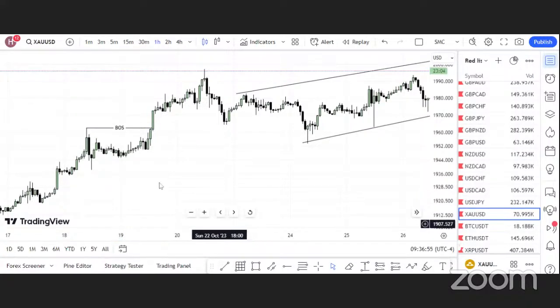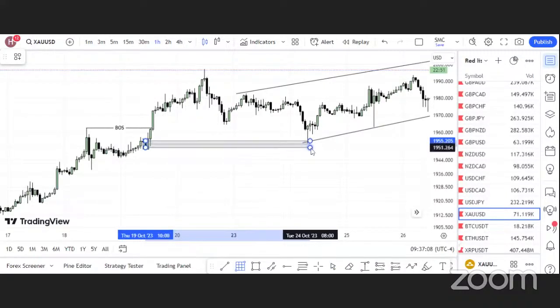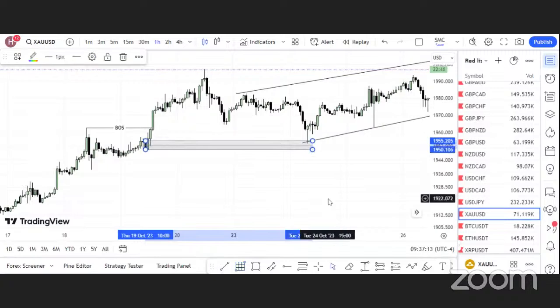And this low was never taken out, but the market came down to retest this area of demand. The market came back to retest our area of demand.